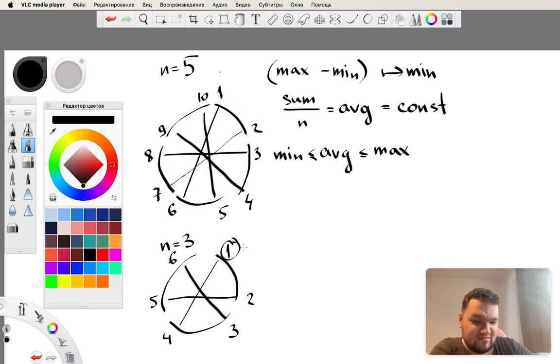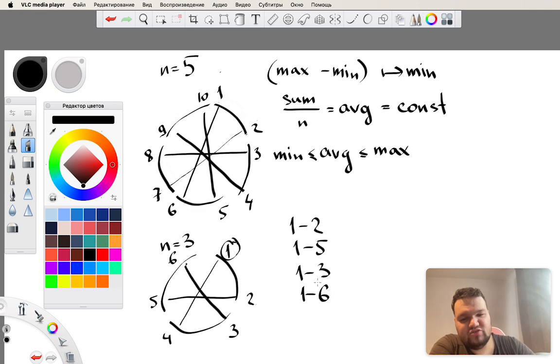Well, not a lot, actually, just 4 of them. If he stays here, he can be matched with, obviously, the second, but also with the fifth, because we can swap them. So we can match 1 with 2, and 1 with 5. But if we swap here, he can be matched with 3, and also, if we swap this, 1 will be matched with 6.